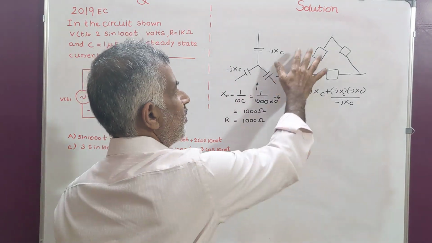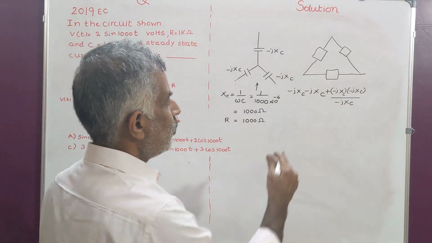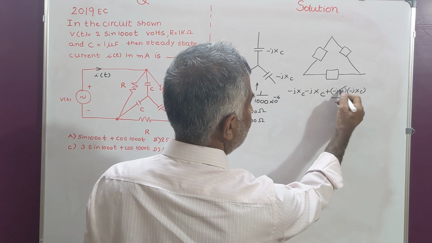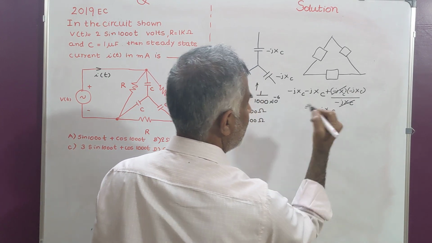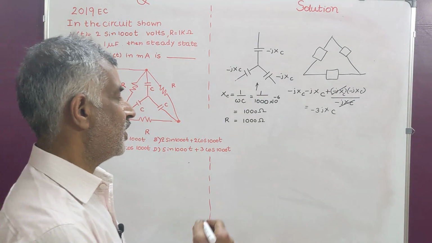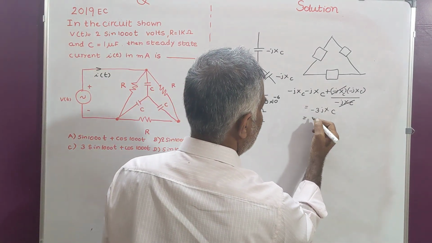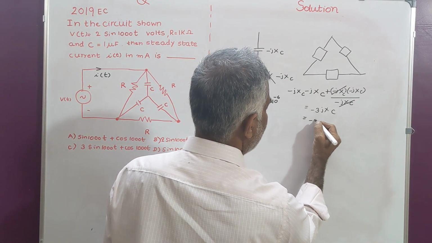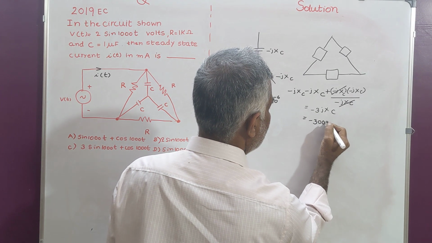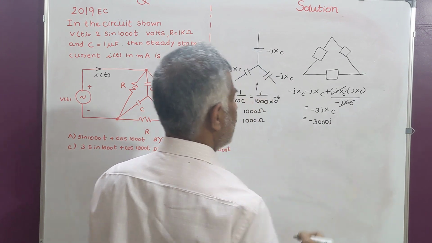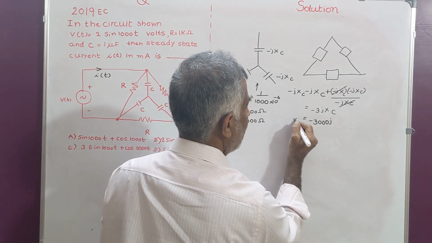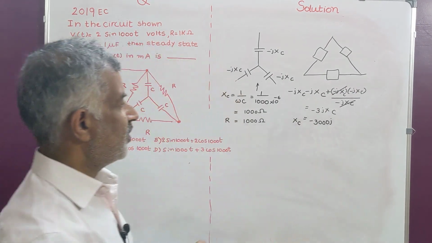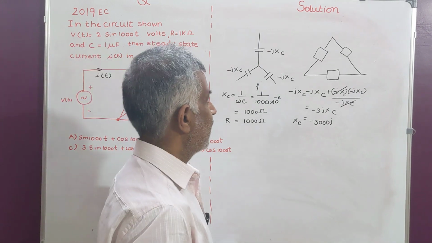So the impedances remain the same. If you simplify this, it comes out to be minus 3jXc, that is minus 3000j.